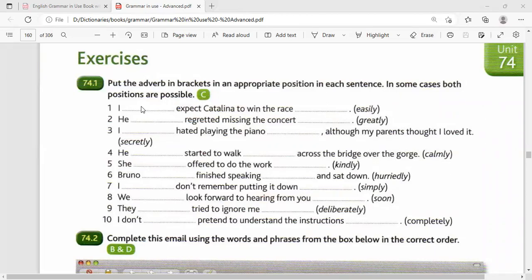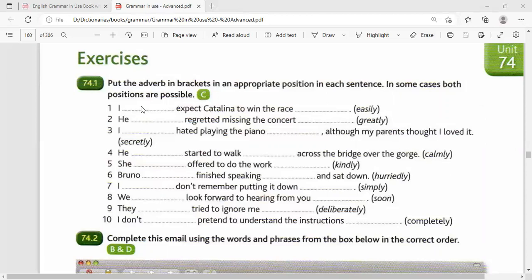Do you know why? Because it modifies remember. Yeah. Next, number 8. We look forward to hearing from you soon. Yeah, we look forward to hearing from you soon.